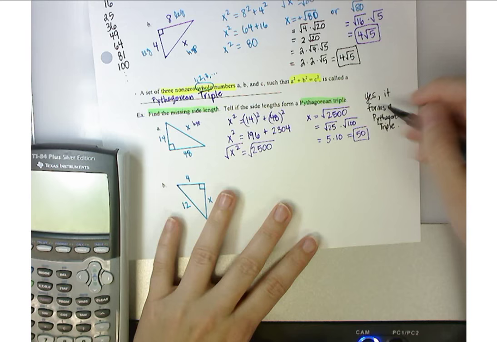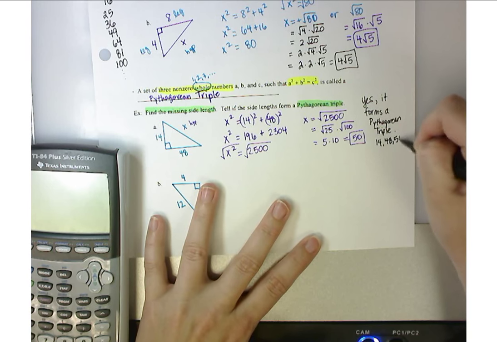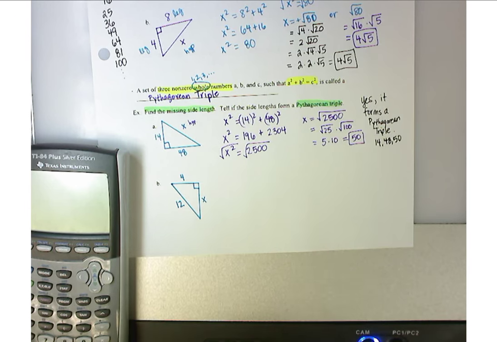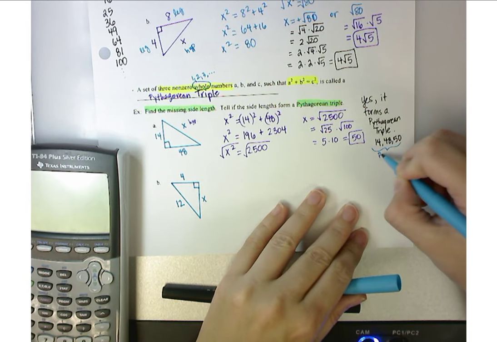Okay, and your Pythagorean triple would be 14, 48, 50. So this is the Pythagorean triple.